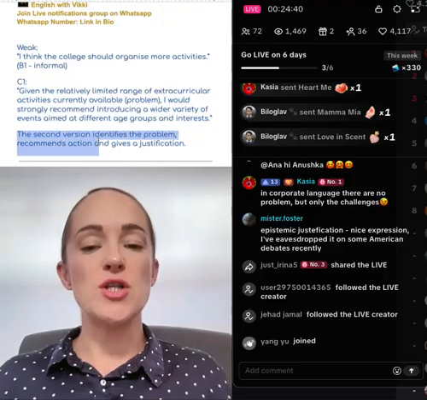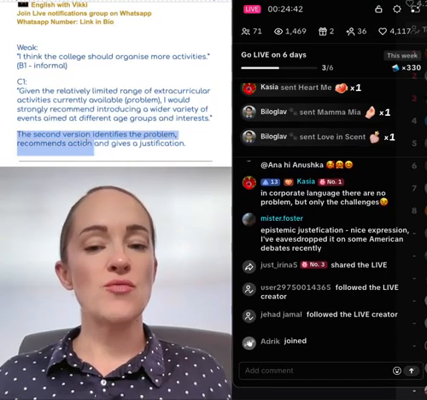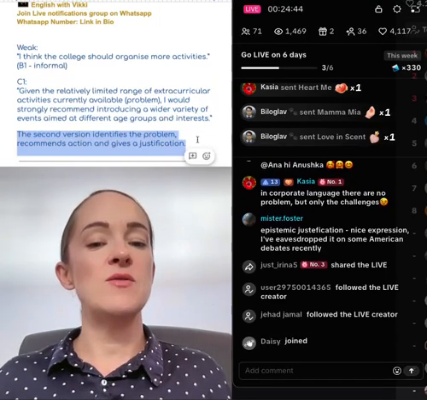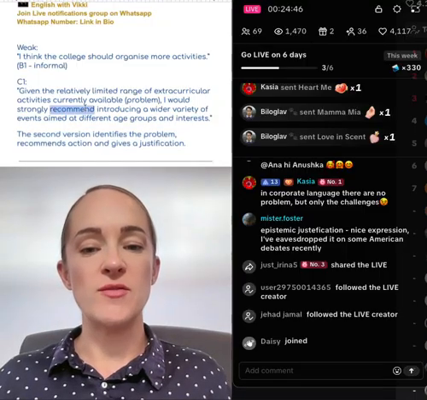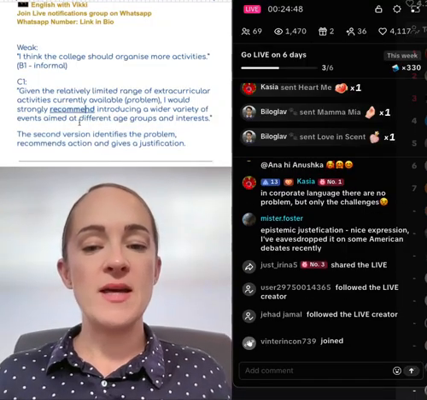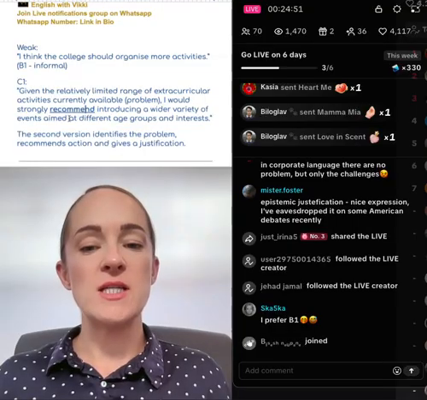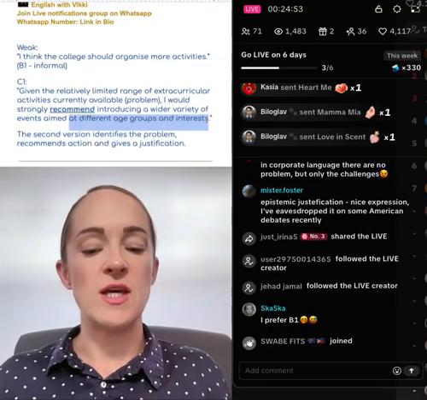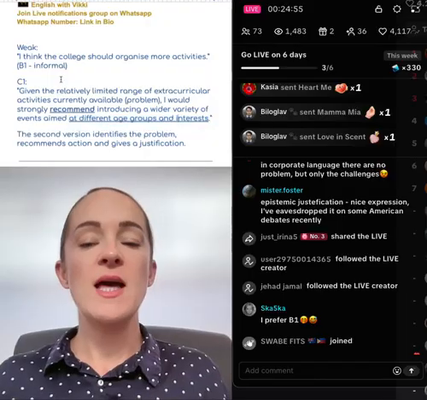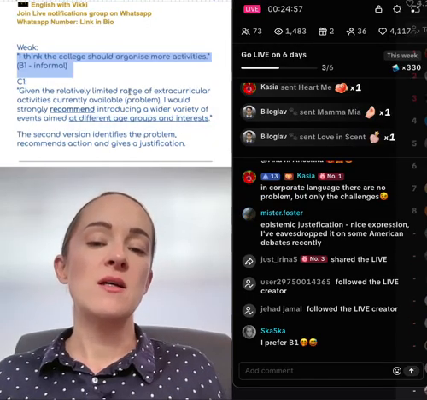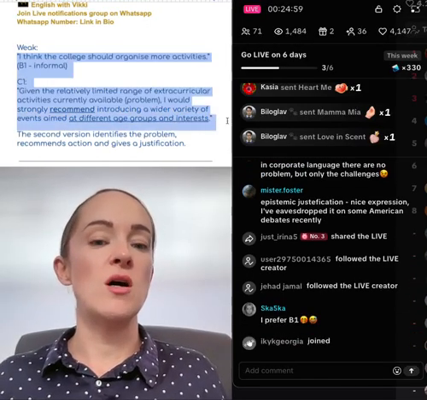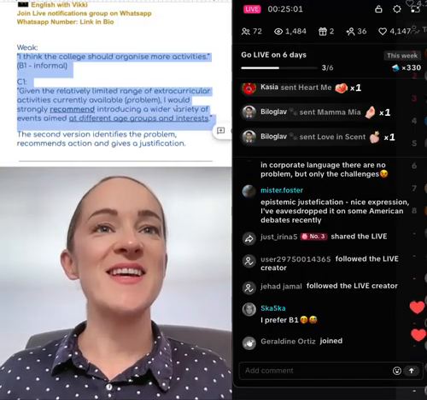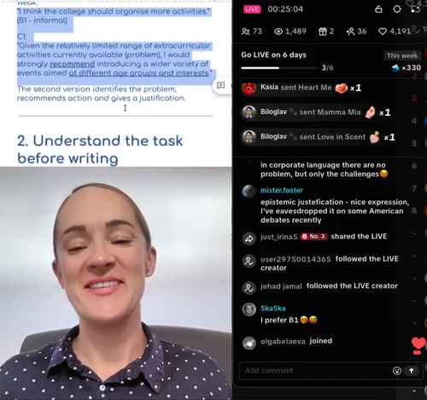The second version identifies the problem, recommends action, and gives a justification. So we have the recommendation, and then we say it's aimed at different age groups, which is your justification. Obviously you can see the second sentence is much longer. It's 4 times longer. Saskia, you prefer B1, I know.